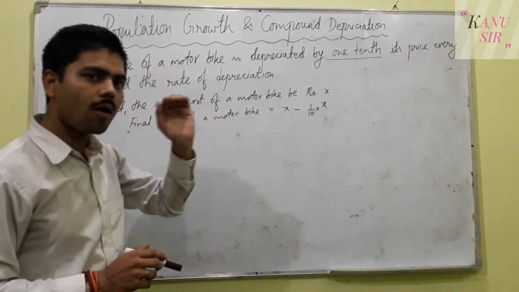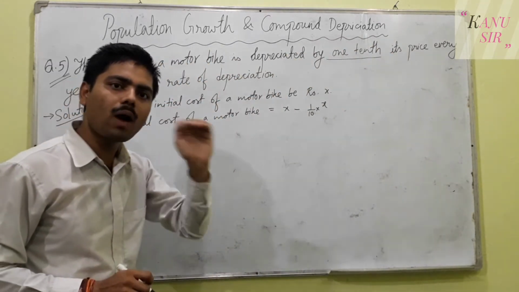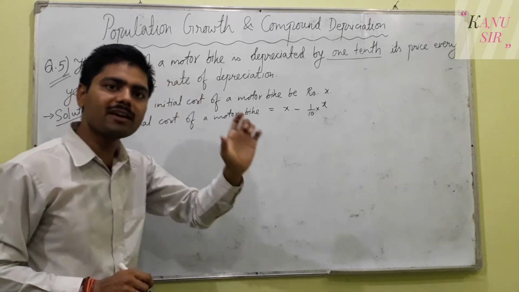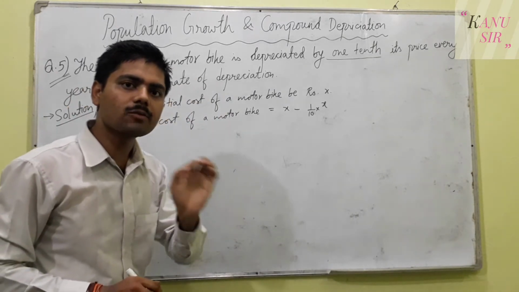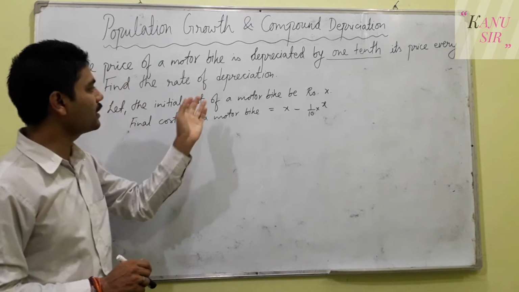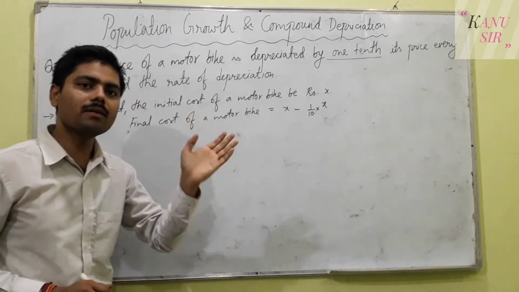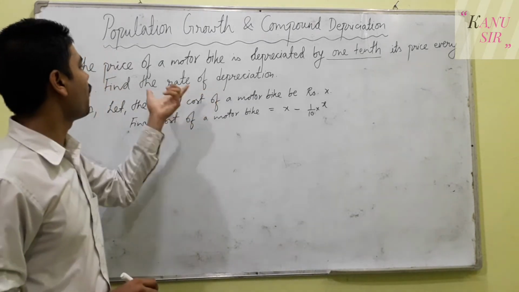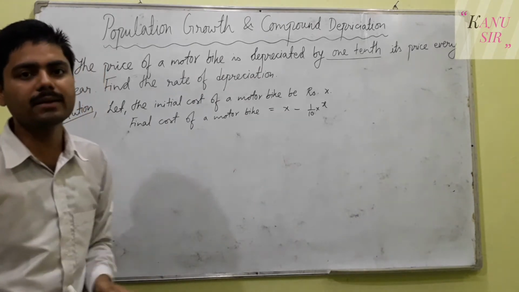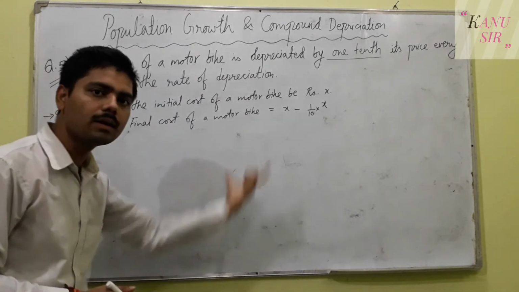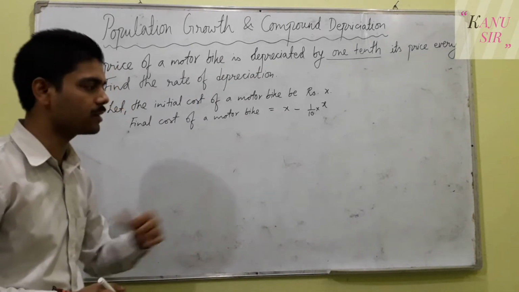So the value of the motorbike will decrease by 1/10, meaning out of 100%, 10% will be decreased. Verbally we can understand that 1/10 means 10% is the rate of depreciation, but we have to do the numerical process here.